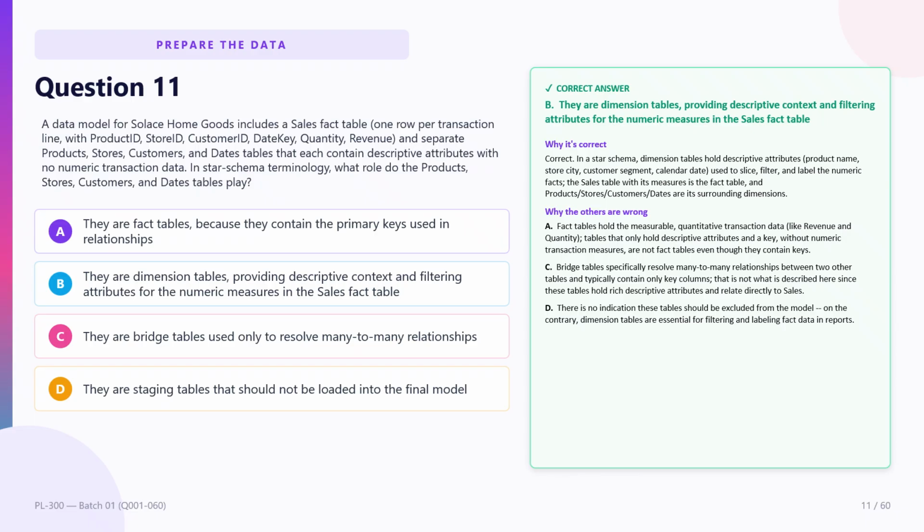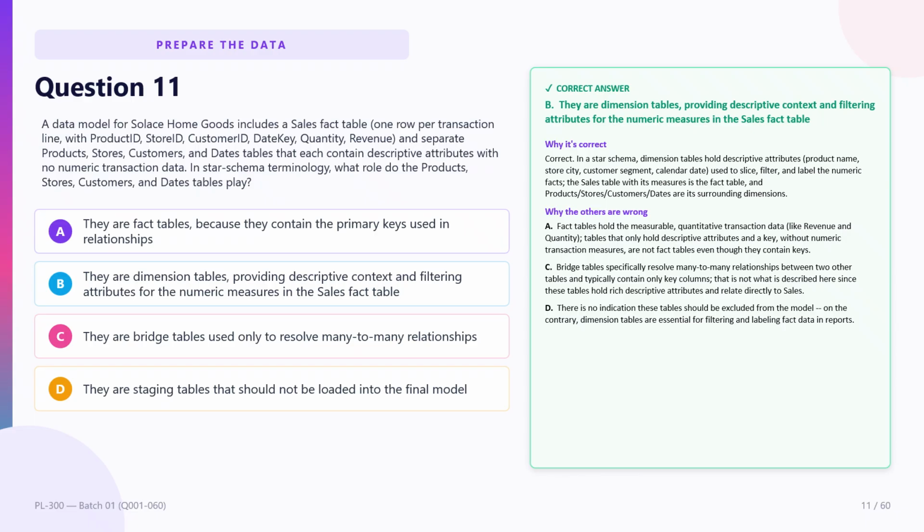Now, why the others are wrong? A. Fact tables hold the measurable, quantitative transaction data, like revenue and quantity. Tables that only hold descriptive attributes and a key without numeric transaction measures are not fact tables even though they contain keys.